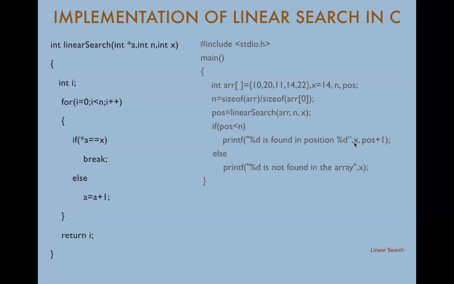So x is found in position pos plus 1, because the index starts from 0. If I say x is found in the first position, that means pos plus 1. Actually, it is the second element, right? 0, 1. So I'm just doing this. If pos is equal to n, in that case, it's not found in the array. Is that clear for you? I hope you all understand it.